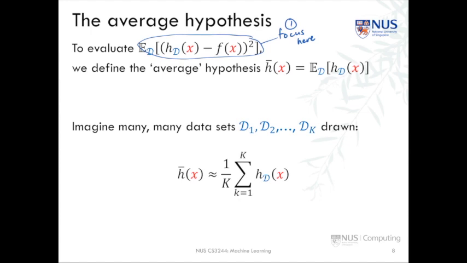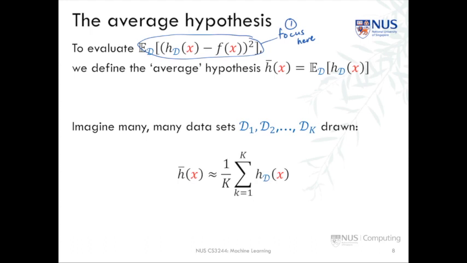What do we mean by H bar being an average hypothesis? We mean that over any particular set of points, let's say we have k points in total, we can draw any number of data sets of that finite value. For example, let's set k equals 5.